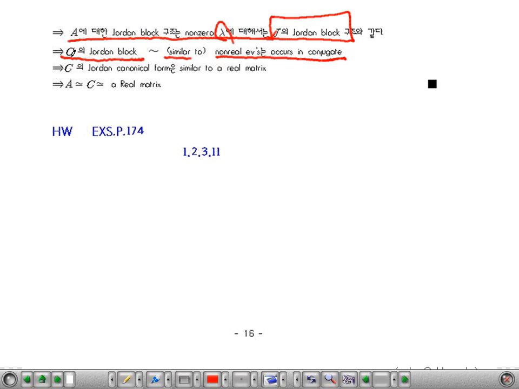So the Jordan form is similar to a matrix in which every non-real eigenvalue appears with its complex conjugate. That means the Jordan canonical form of C is similar to a real matrix. So we have shown C is similar to A, but C is similar to a real matrix. So we have shown that A is similar to a real matrix B.